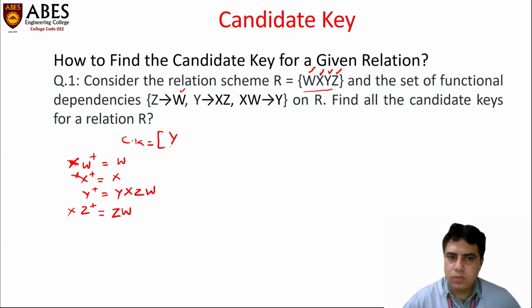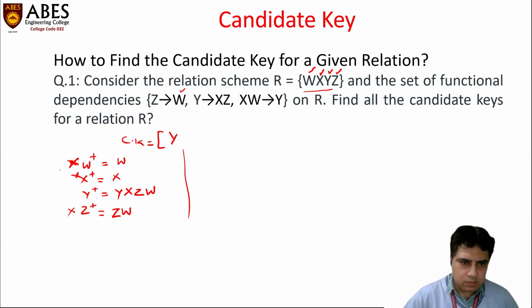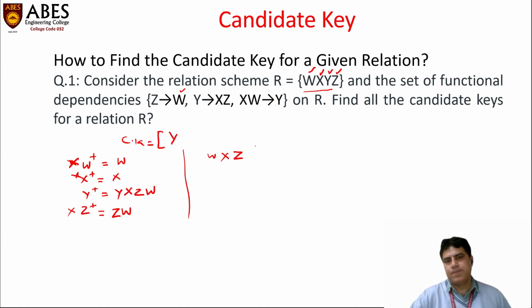So we need to find only the candidate keys. We don't have to find the super keys. So here we will pair the combinations with the failure cases. So failure cases are W, X, and Z.